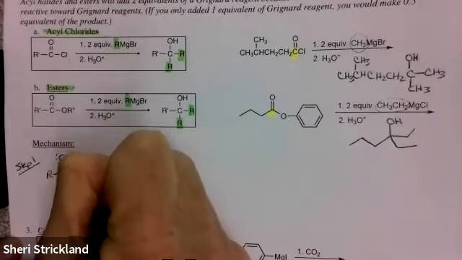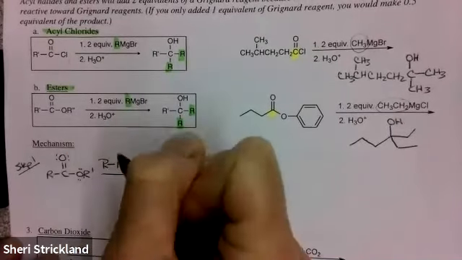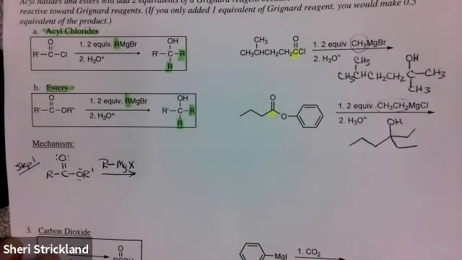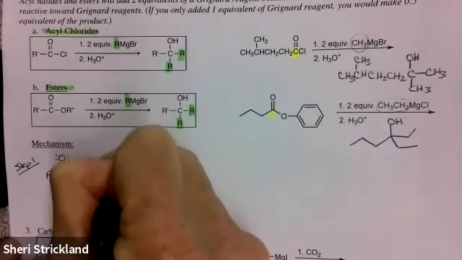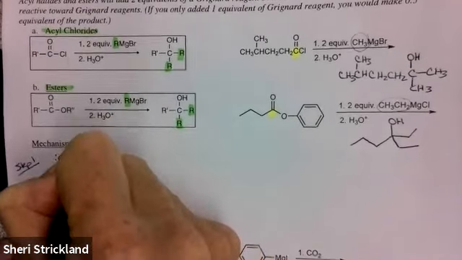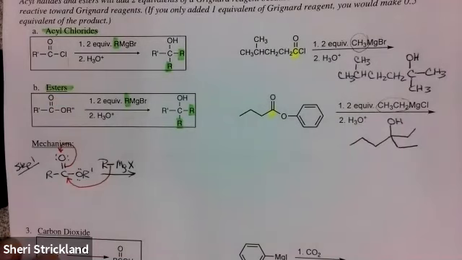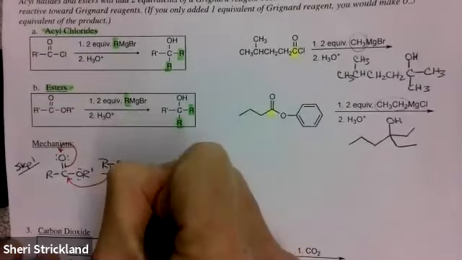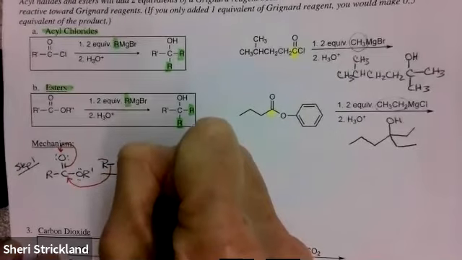Because remember that that bond that joins the carbon to the metal is a very polarized bond. So much so that it's like the carbon that's attached to the magnesium has a partial negative charge. For that reason, it can use those electrons to make a new covalent bond like that. And that gives us a tetrahedral intermediate.